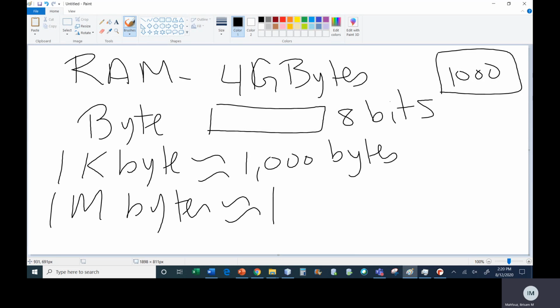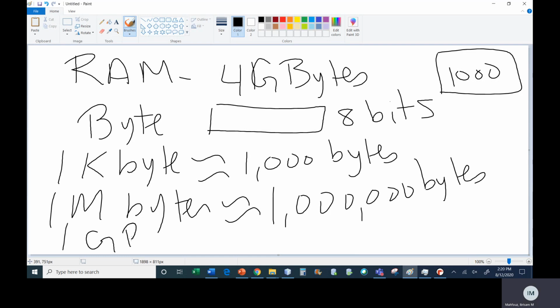When we talk about 1 megabyte, that is about 1,000,000 bytes. So now we're talking about RAM space or a hard drive that can handle 1,000,000 characters. When we say 1 gigabyte, we're talking about 1 billion bytes.